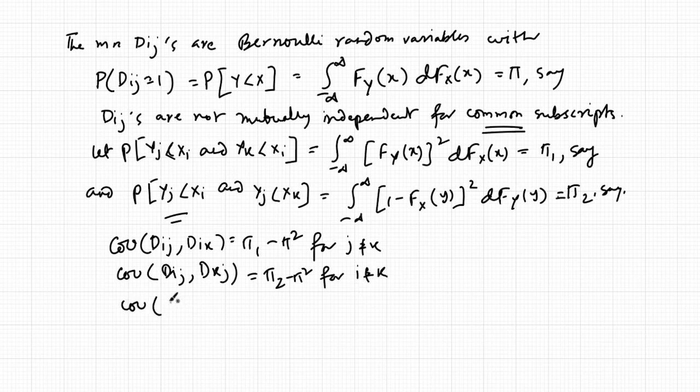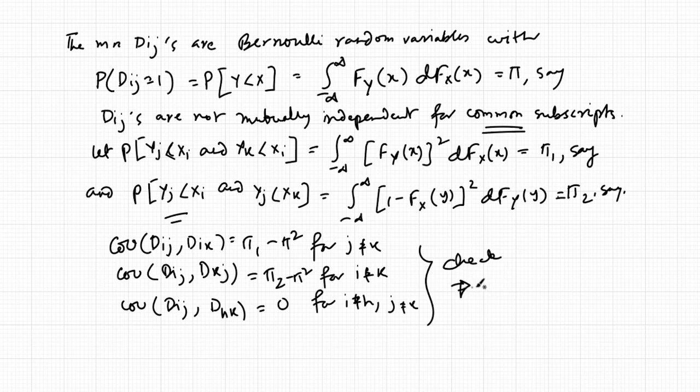Covariance of Dij, Dhk is 0 for i not equal to h, j not equal to k, is checked.